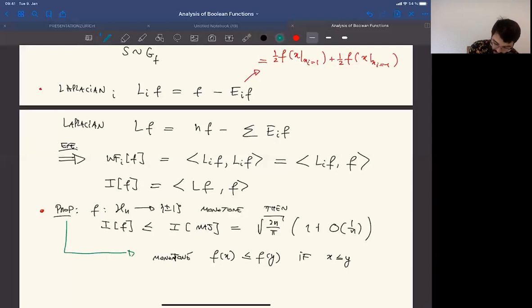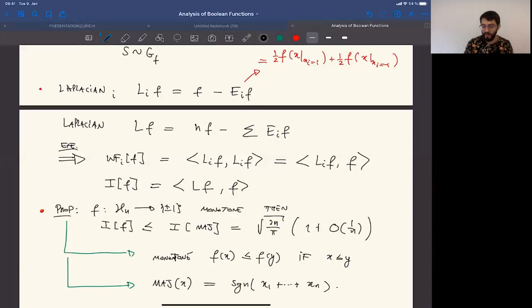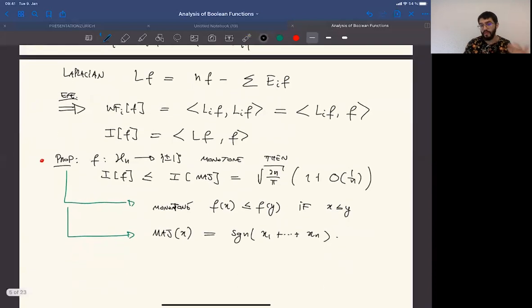And majority of x is just the sign of the sum of the variables. So if the majority votes +1, then it's +1. If the majority votes -1, then it's -1. Okay, this is another cool exercise to do.